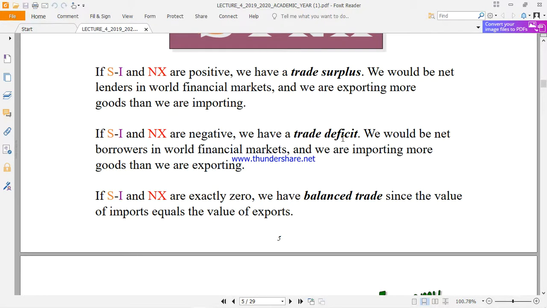If savings minus investment is negative, which means, for example, domestic investment is greater than domestic savings, people want to invest more, such that all the banks have run out of savings. Then the banks will be forced to start borrowing.